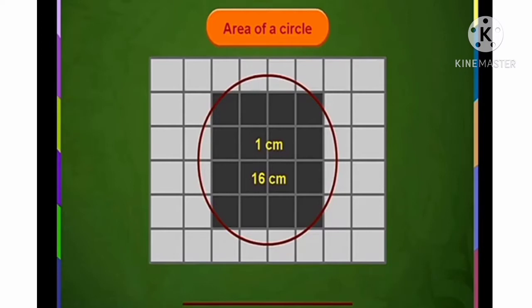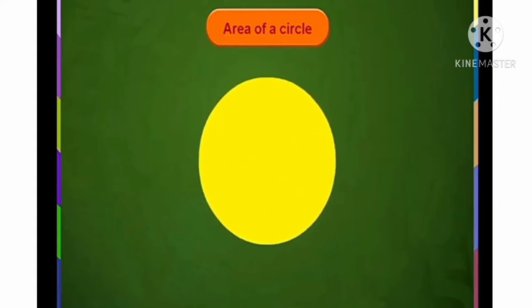But this method is difficult if the area of the circle becomes larger and larger. Hence, we use the formula for the area of the circle as pi r square, where r is the radius.